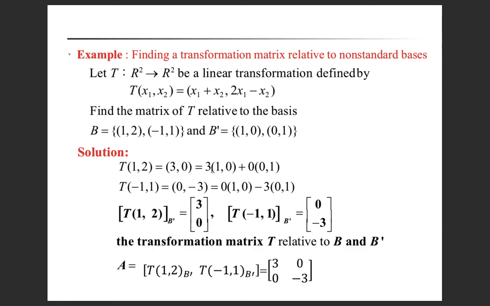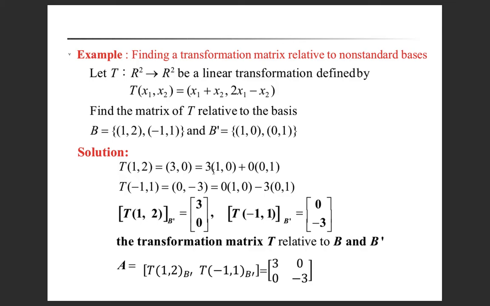Suppose here we have x and here we have y. So if we have x here, then x into 1, x into 0. If we have y here, 0 and here y. So it means x plus 0 is equal to 3. It means x is equal to 3.